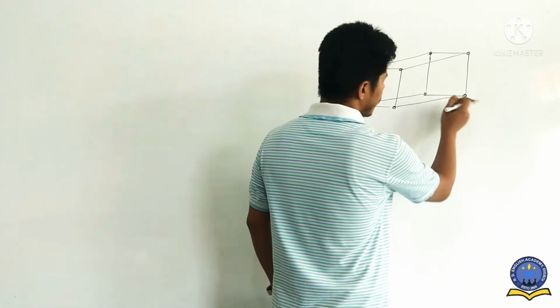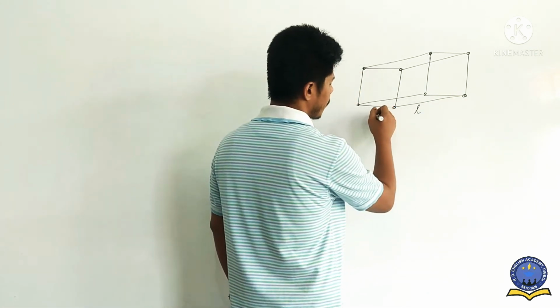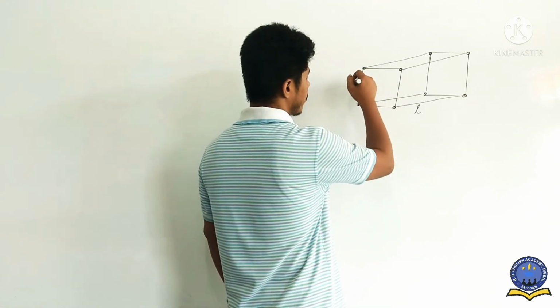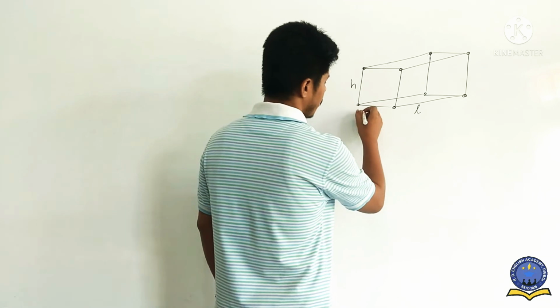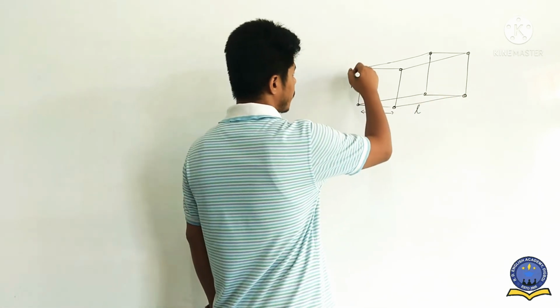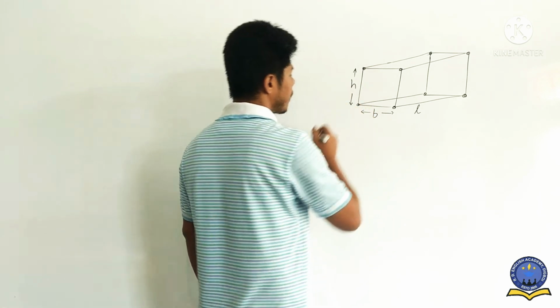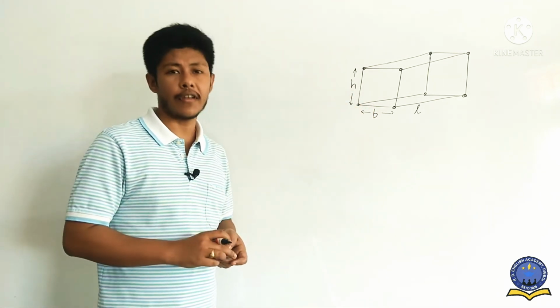This longest part we consider as length, this part is breadth, and this one is the height. Is it clear? So the length, breadth and height are given to us.